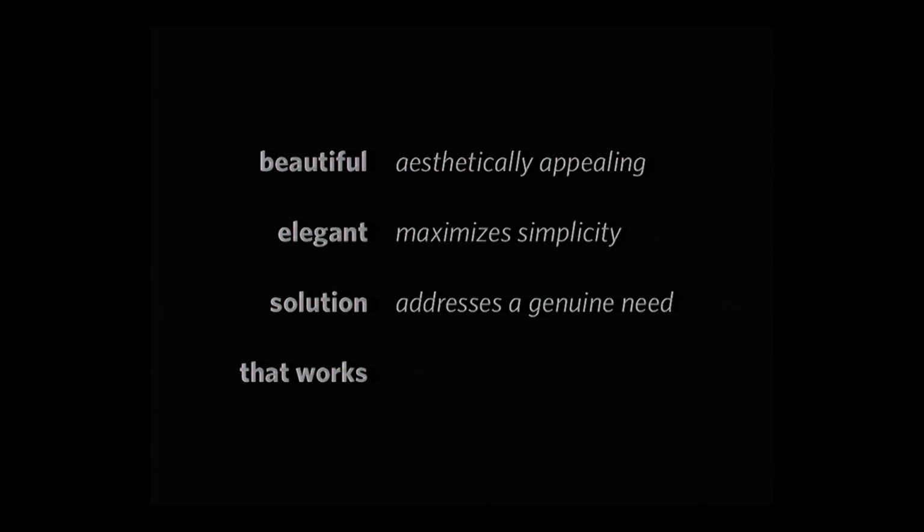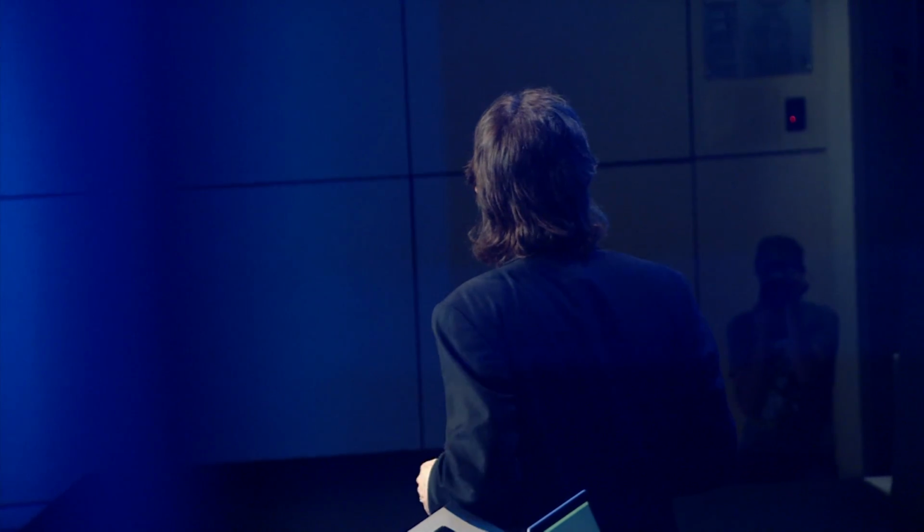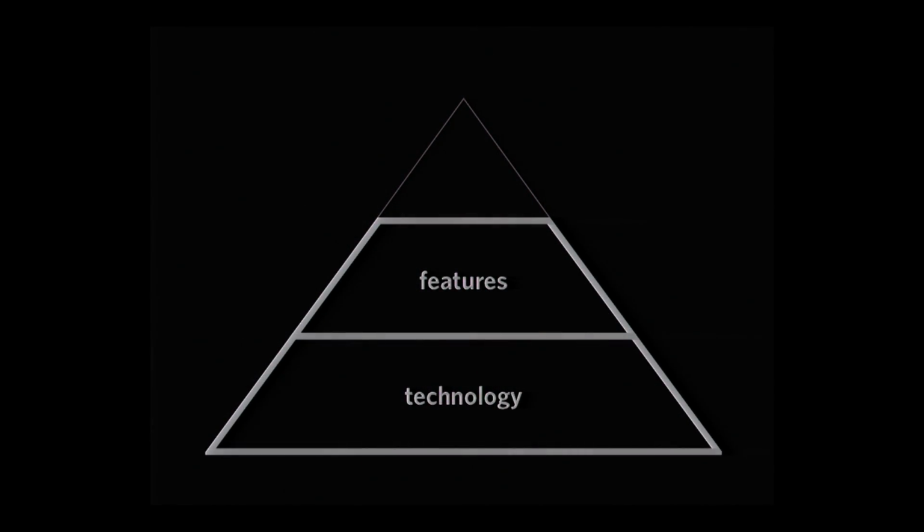A solution is a product or a service that addresses a genuine need that people have. And a product that works is a product that can be used by its users. So when you put all of these together, what you get is an approach that moves beyond technology, moves beyond features as the way that we deliver value to our users, and delivers value through the experience that the product creates.